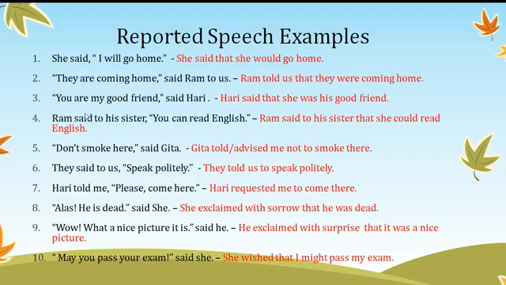Number 3, you are my good friend, said Hari. See how we say Hari said that. Why that? Because again it starts from the subject and ends with a full stop. That comma means full stop, you can see. So Hari said that. You is a second person pronoun, changed according to the listener, but Hari said it to whom? There is no listener, so think of another one.